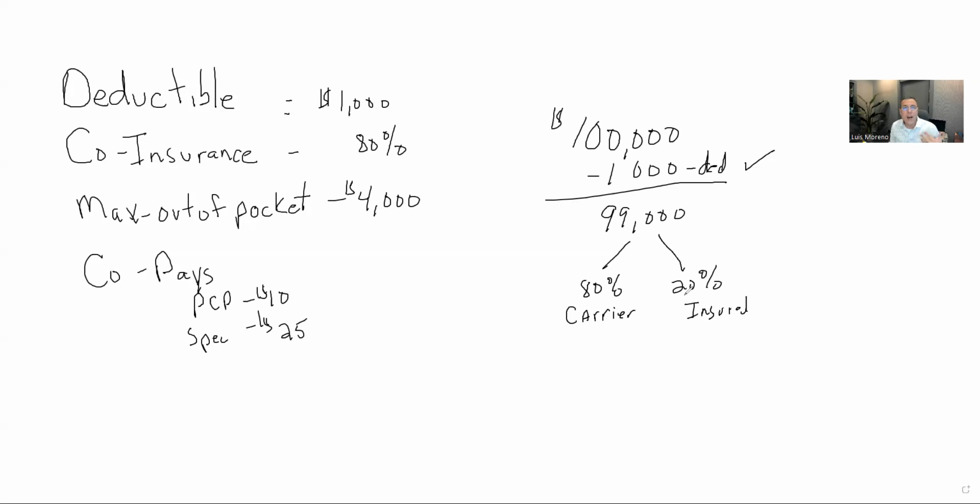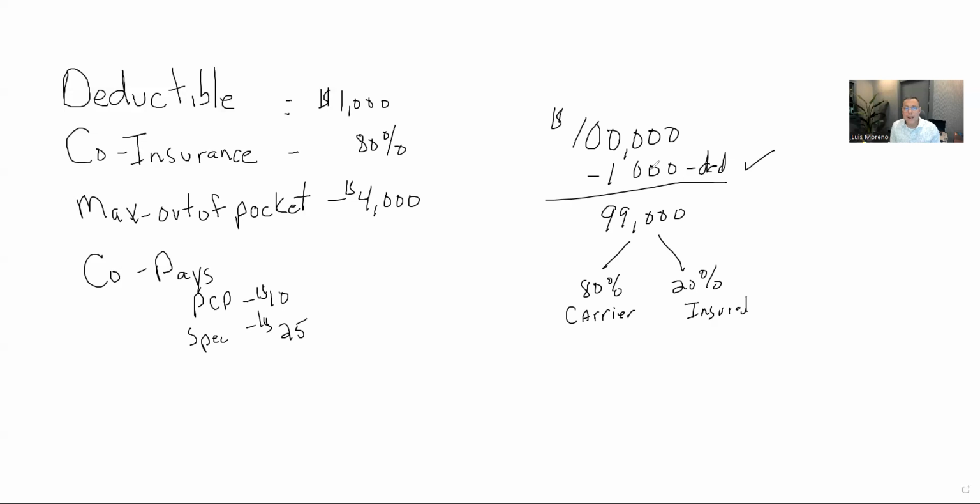At this point, without you even getting the chance to, the insured's going to freak out. I got to pay 20% of 99? That's almost 20K. Are you crazy, Mr. Agent? I'm like, hold on, hold your horses. Okay, you have a stop loss, which is called a maximum out of pocket. The maximum out of pocket is $4,000. Okay, so you have $4,000. So this is what you need to tell the insured.